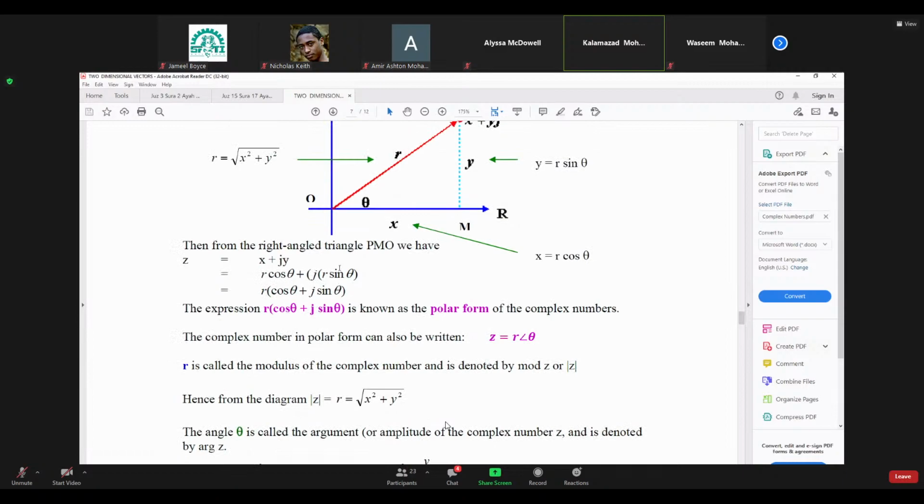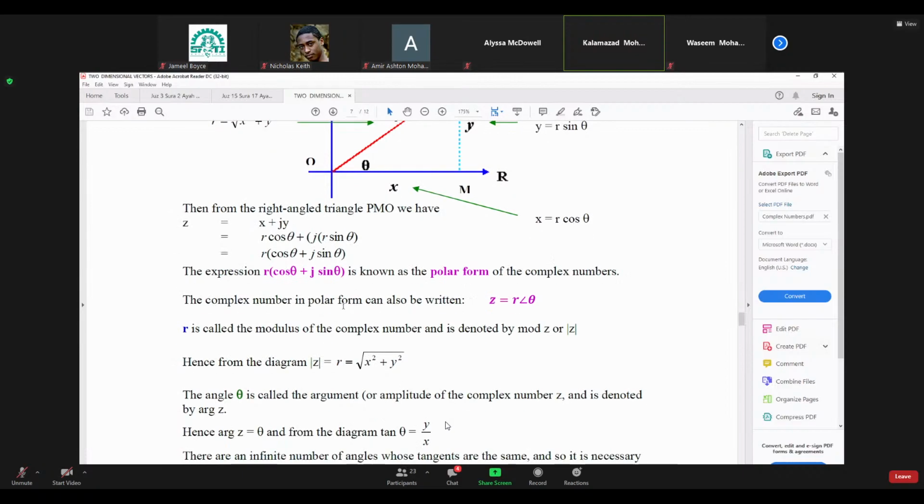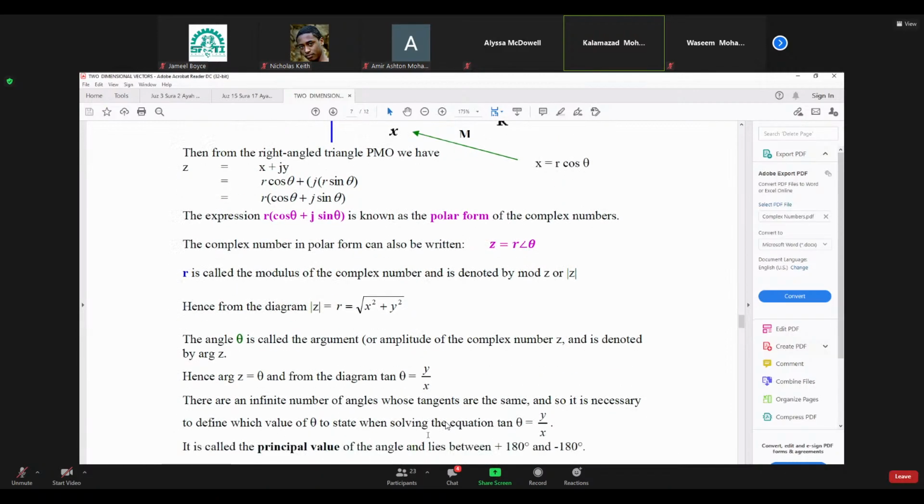So in polar form, it will be r cos theta plus j sine theta. To work out r and theta, you work out r by using Pythagoras, and you work out theta by using tan theta equals y on x. In other words, theta is tan inverse y on x.